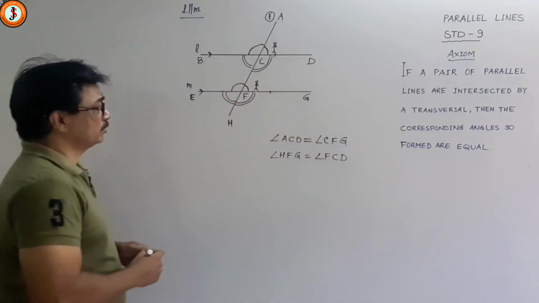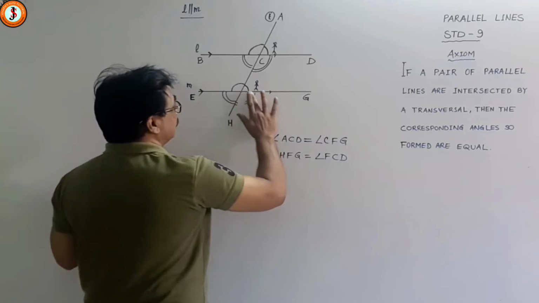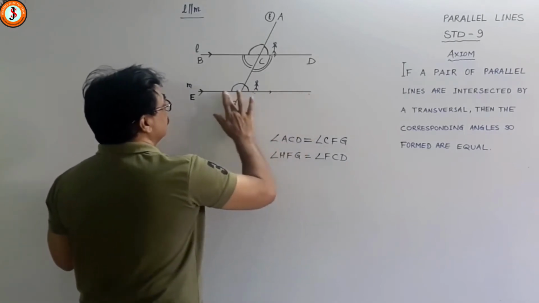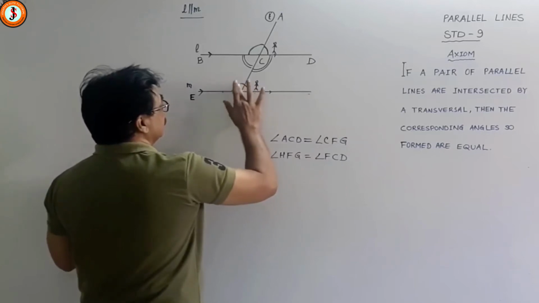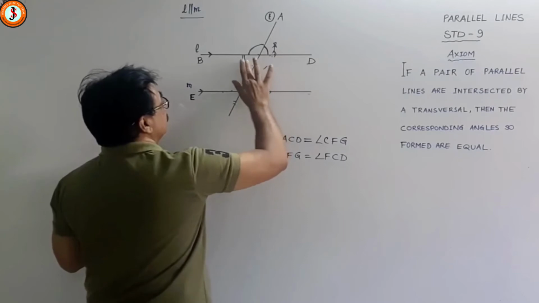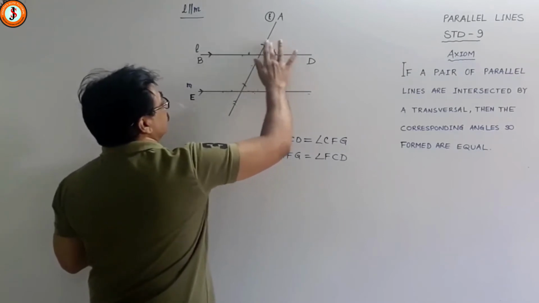So I am rubbing out the naming and the marking, very fast, so that I can save some time for you all. Okay, I am rubbing this off, so nothing is there.